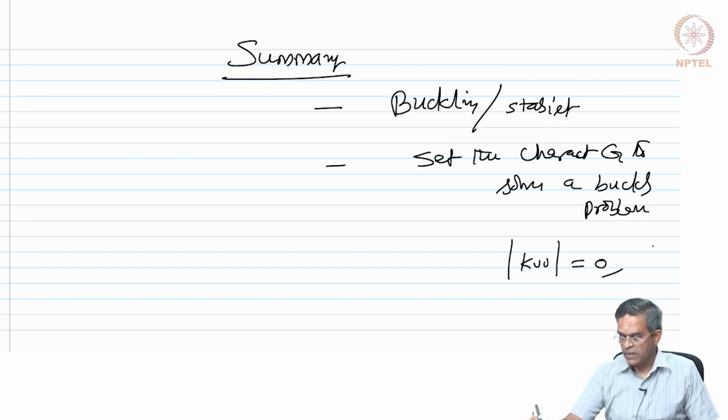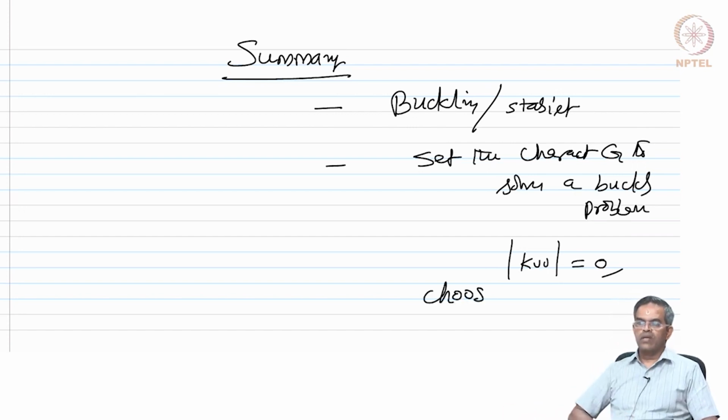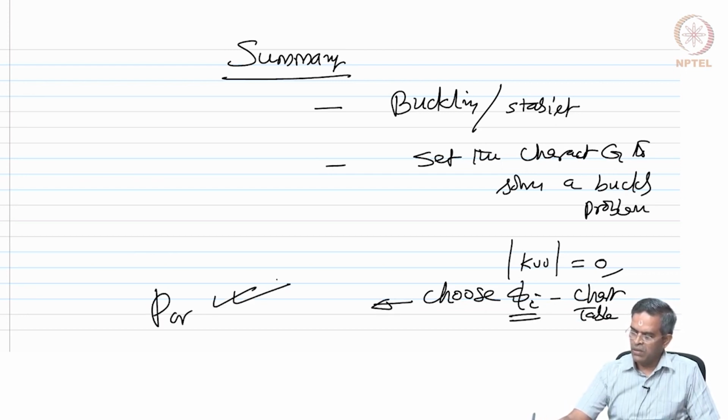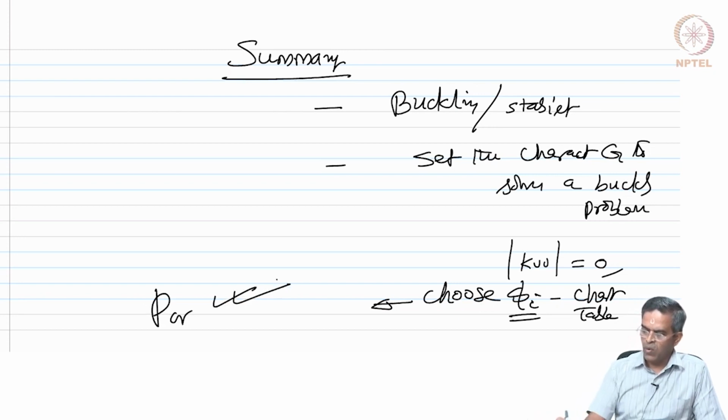So, we said that set the KUU determinant to 0 for a non-trivial solution and try to get the control equation and then choose the phi values from the chart or the table. Once I know the phi value, I can find P critical.